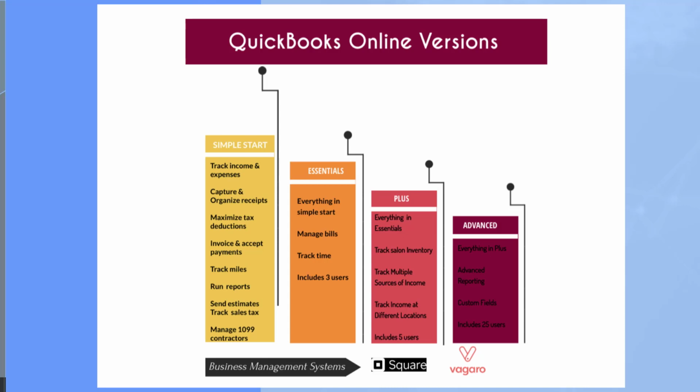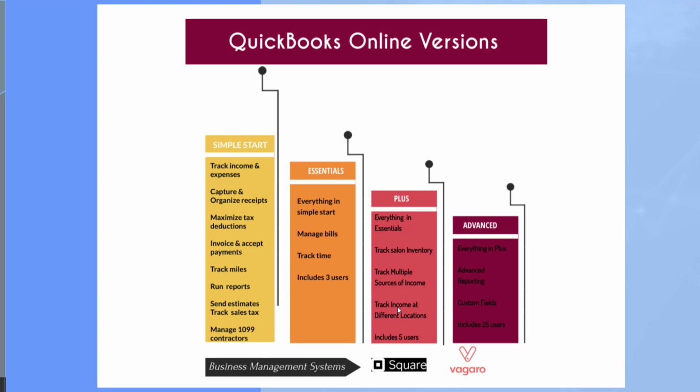If you have more than one location, so if you have maybe 2 or 3 or 4 salons and you want to track your income for each individual salon, then you would also want to go with the Plus version. The Plus version is the only version that will allow you to track multiple sources of income, the only version that will allow you to track income and expenses if you have more than one location.